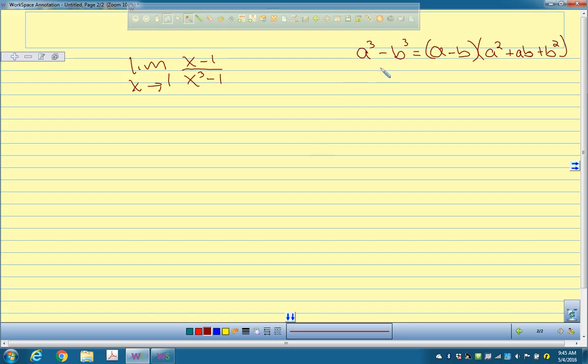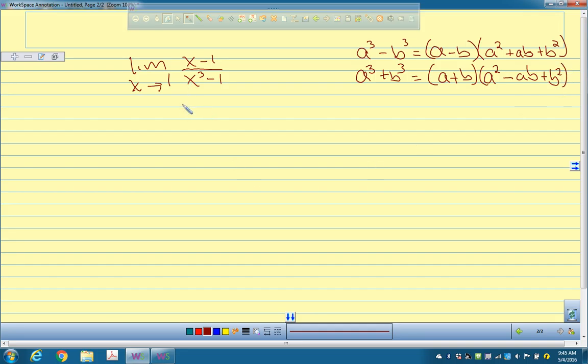I teach it in advanced algebra 1, but you can prove it algebraically, just by using long division on a cubed minus b cubed, and then divide that by a minus b. And a cubed plus b cubed is equal to a plus b times a squared minus ab plus b squared.